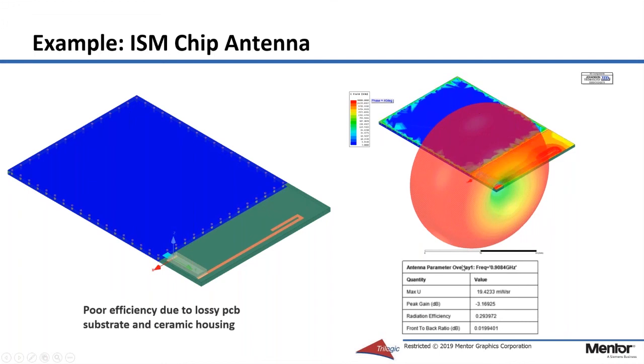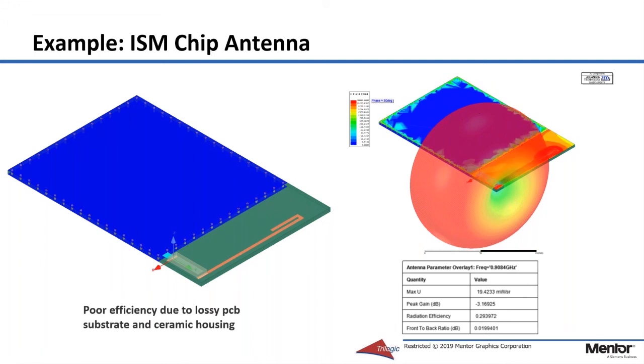But the real telling piece of information we got from this cycle from PADS to HFSS is if we look down below, the peak gain in dB is minus 3.16925. Well, we know a minus is a loss, right? So this antenna in this configuration actually serves as a loss.